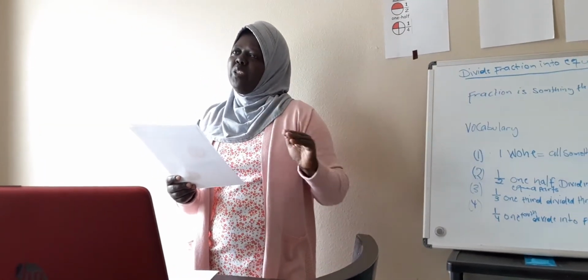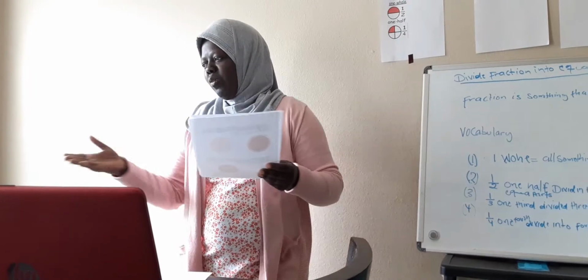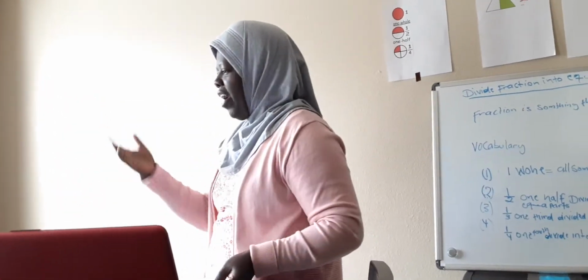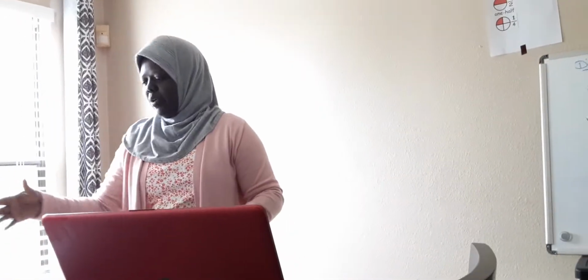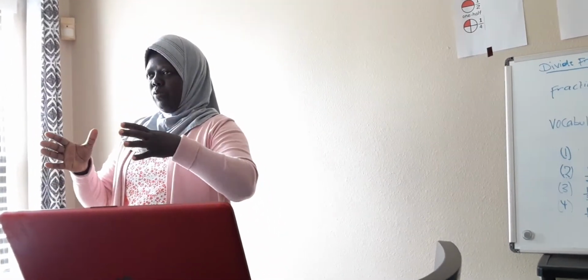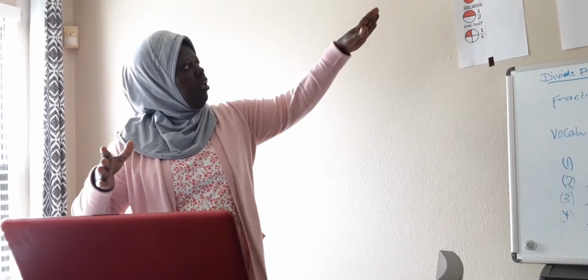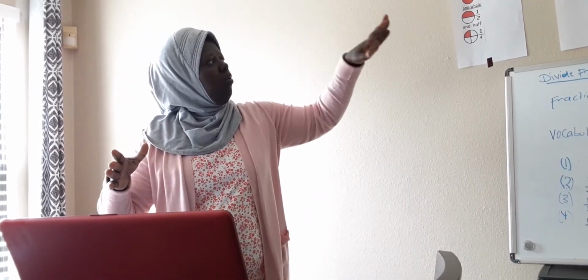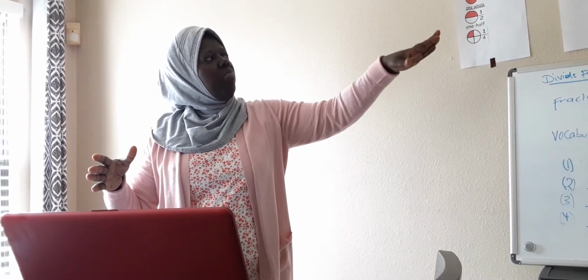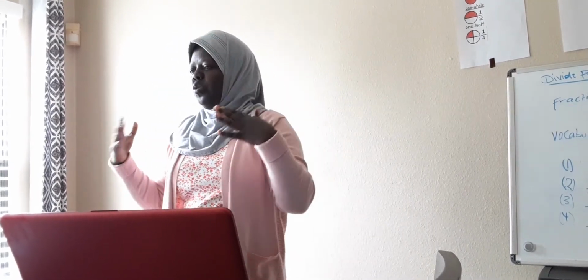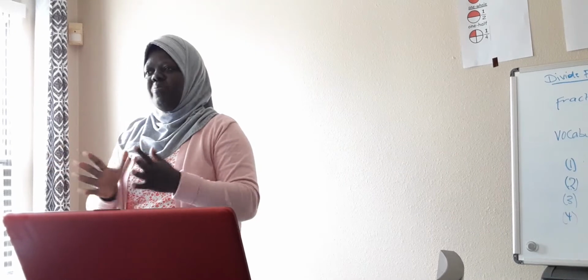So how are they supposed to divide this? You can use your fraction model. You cut it, and you will be able to understand how you're supposed to divide when it comes to 1/2 or 1/4 or 1/3. So you should be able to understand. I hope this makes sense.